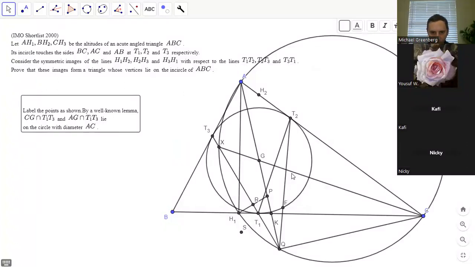So from there, angle H1QA is equal to angle H1CA, and angle H1QX is equal to angle H1CX.